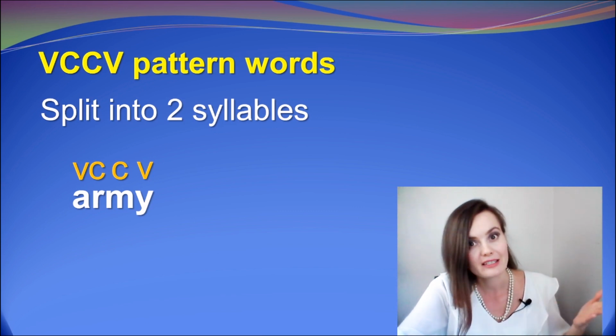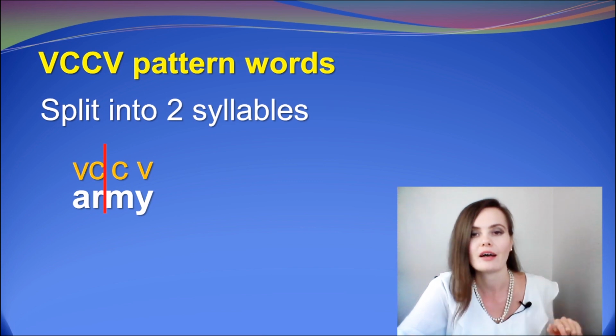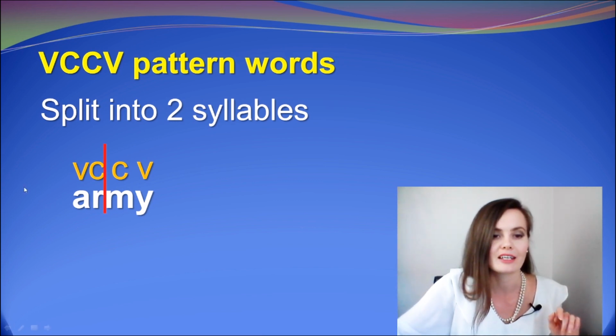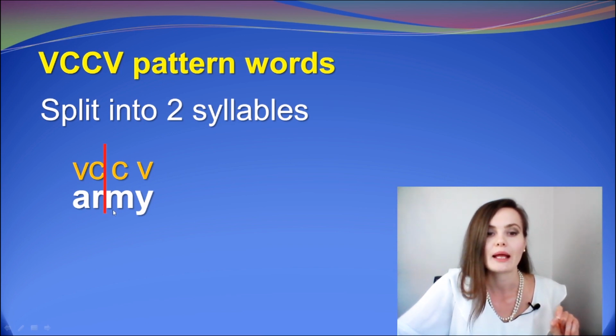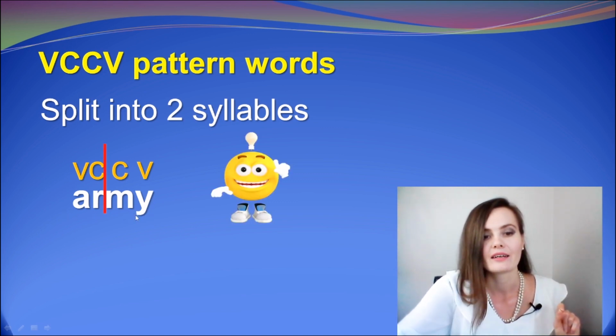If this is the VCCV pattern, we just split it between the consonants. So what do we get? We get the first syllable, ar, and the next syllable, me. We remember that letter Y at the end of the multisyllable word sounds like E, right? So we get ar, me. Army.